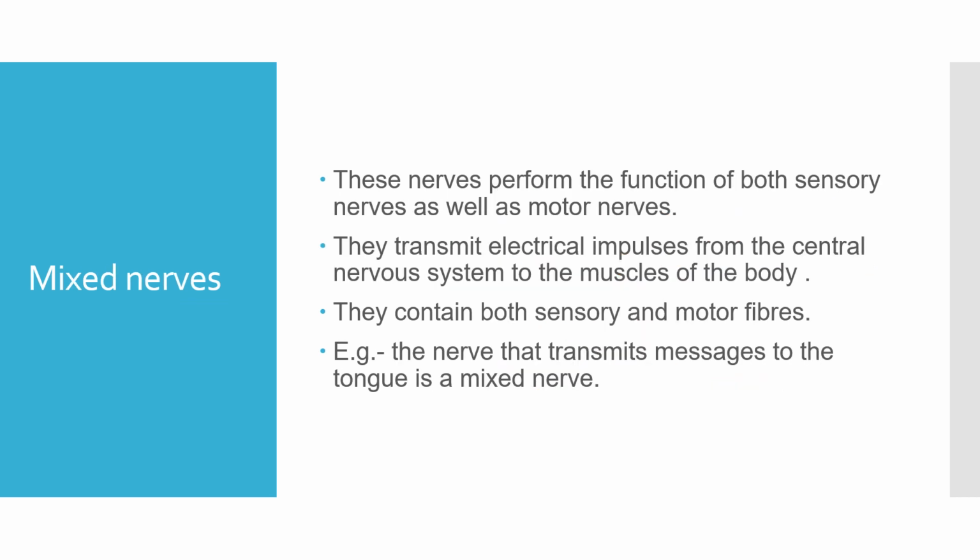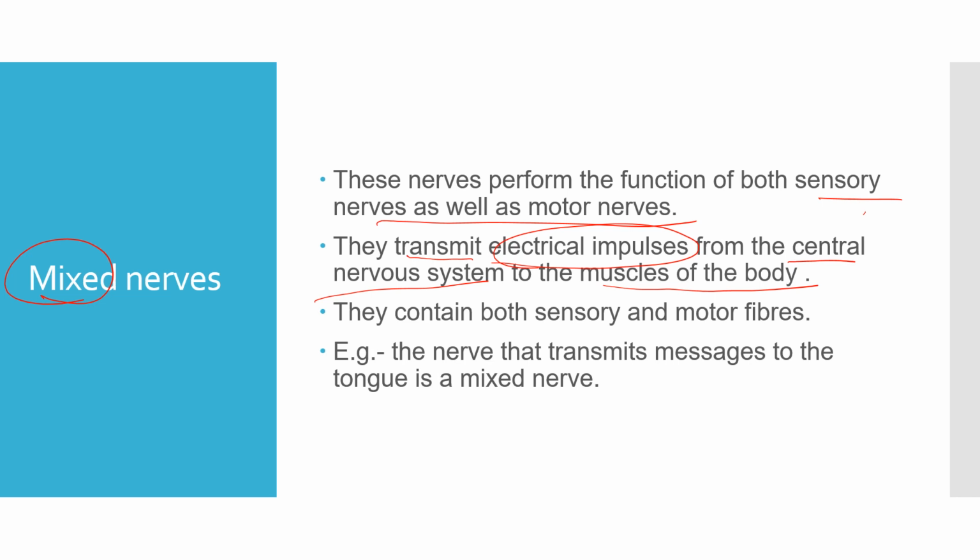Now next come the mixed nerves. As the name suggests, mixed means they perform both sensory and motor functions. They transmit electrical impulses from the central nervous system to the muscles of the body, and from the body to the brain also.